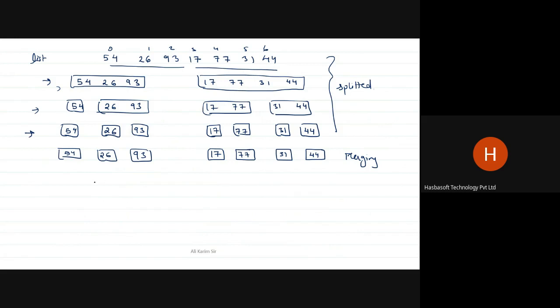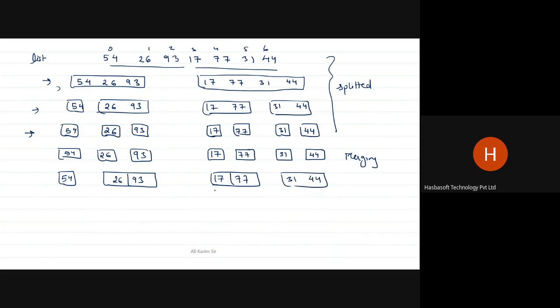As we have considered this to be a single one, we can keep it this way only, 54. We can compare it between these two. So it's already sorted. 26 is the smallest one and 93 is the bigger one. Again 17 is already small, and 77 we can take like this. 31 I got here, 44.